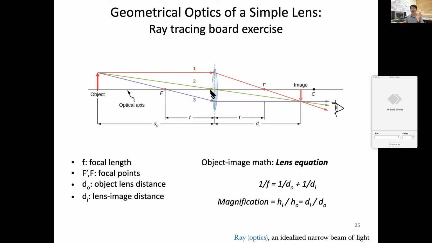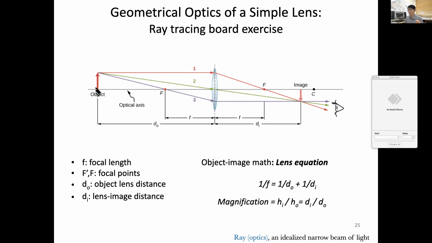Then look at the geometric relationship of this object distance from the lens. Let's define it as d sub O, and the image formed distance as d sub I. Then from here, you can find the geometric relationship of similarity. For example, let's define the height of the object as H sub O, and the height of the image as H sub I. And following the geometry, these two triangles are similar.